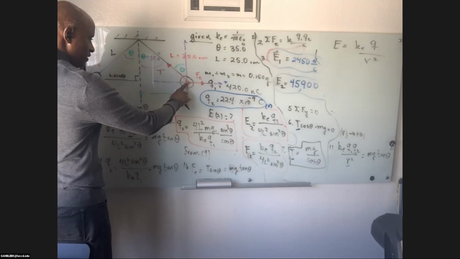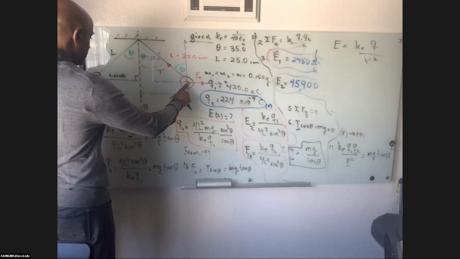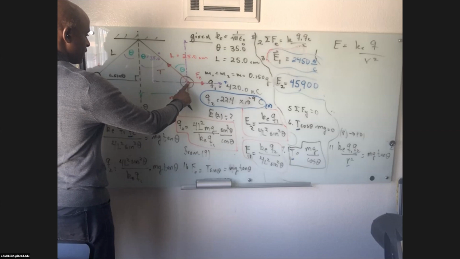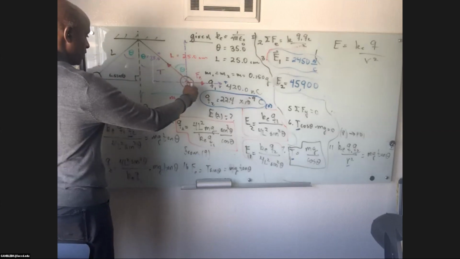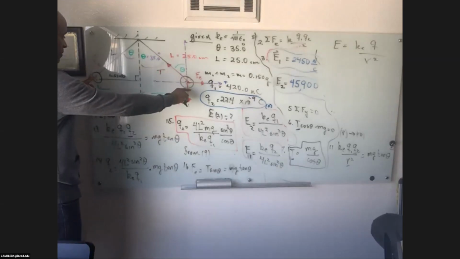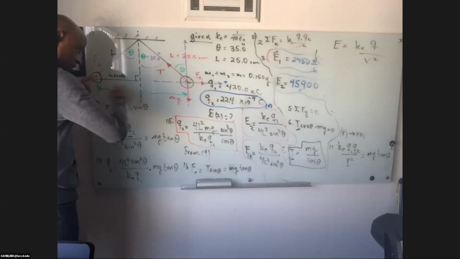So E2 is due to Q1, and the distance between that point and Q1 is R. The field E1 is due to charge 2, and the distance between that field point and that charge is R. So E2 equals k_e Q1 over R squared.